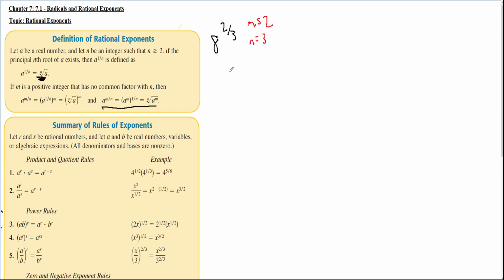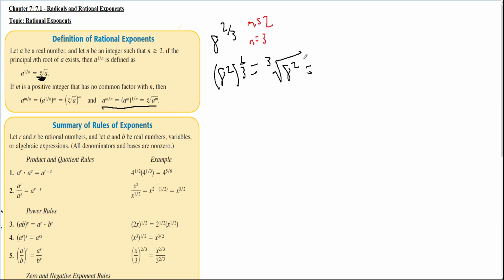So using my definition here, I can say that I have 8 squared, which is raised to the 1/3 power, which is then equal to the cube root of 8 squared, okay?